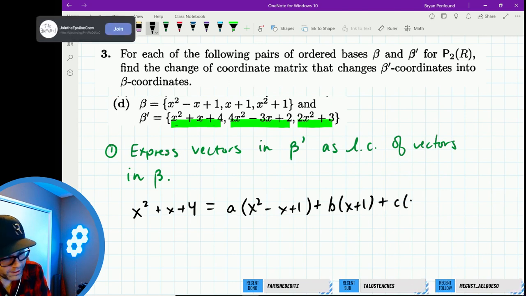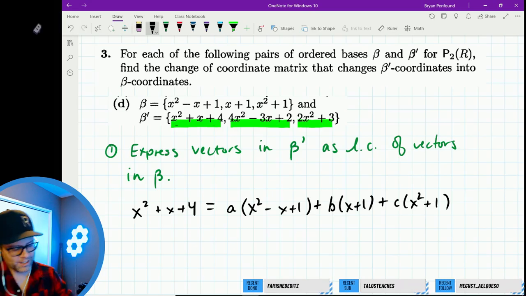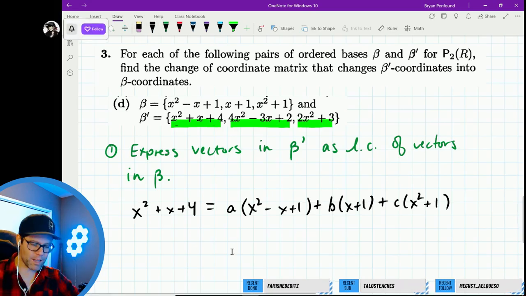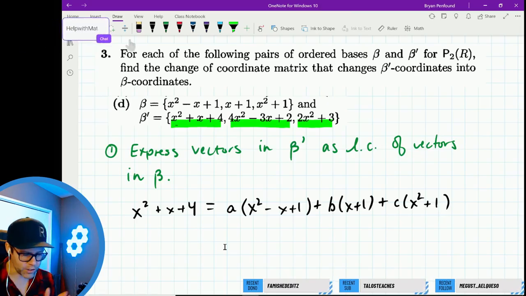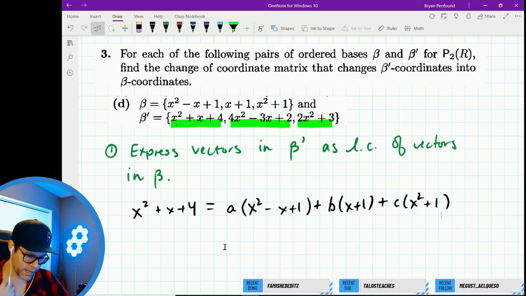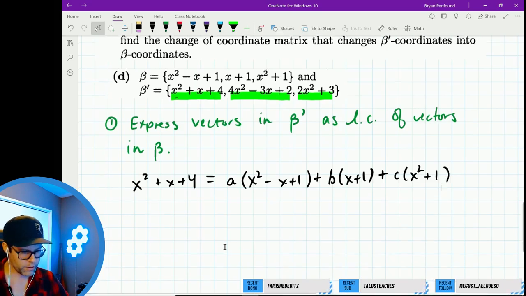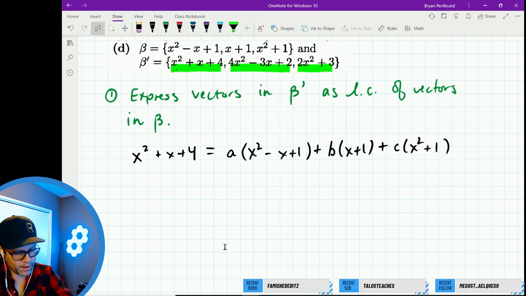This is definitely not easy to do, but if they've given us super nice vectors to work with, sometimes you can guess and check. This looks like it could be a little tricky, though. A and C both have x squareds, A and B both have x's, and A and C both have constants. So I think I might have to expand out this right-hand side to get a general sense of how A's, B's, and C's are going to interact.